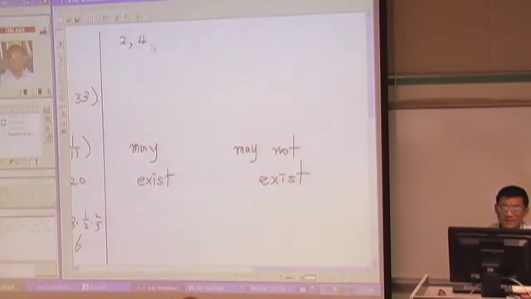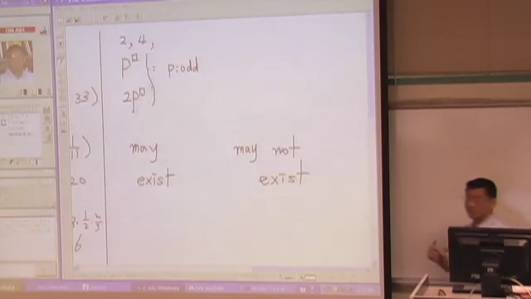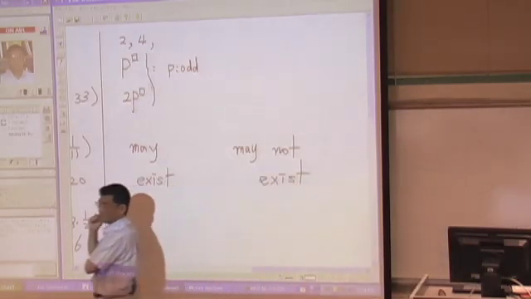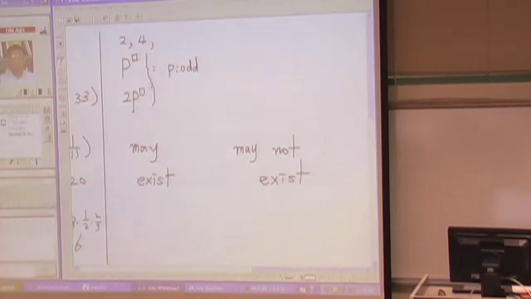And then any odd prime power, and then 2 times an odd prime power. So for all of these numbers, primitive roots exist. Except for other numbers, primitive roots do not exist.